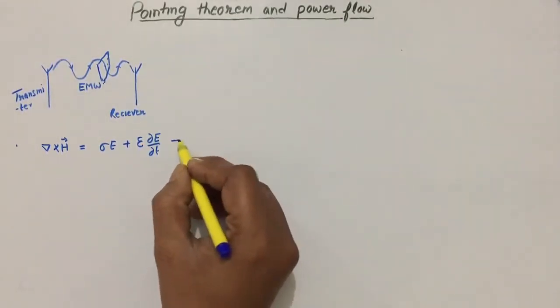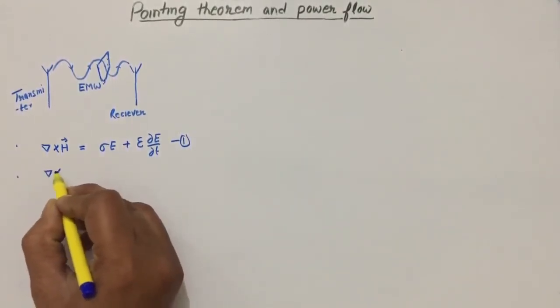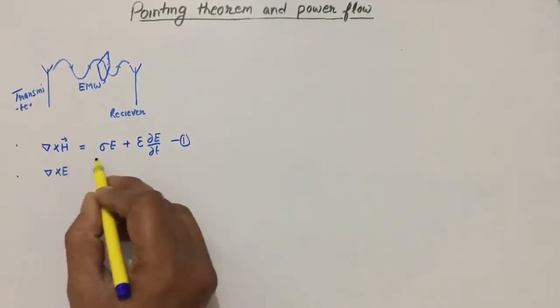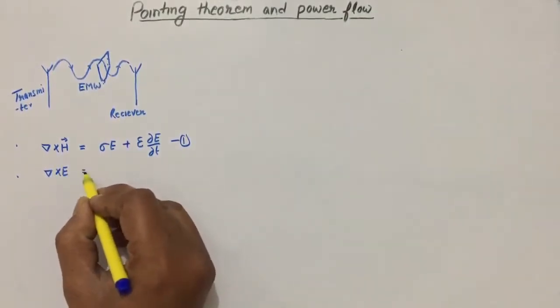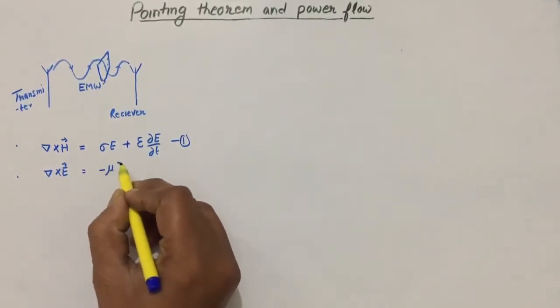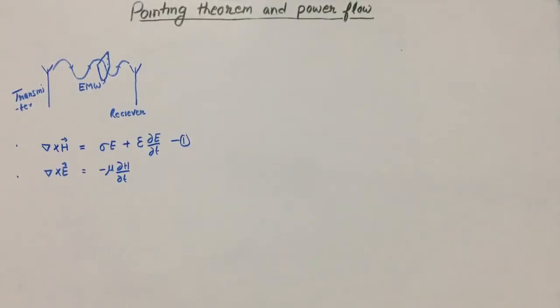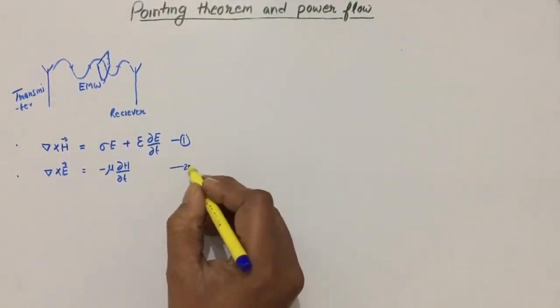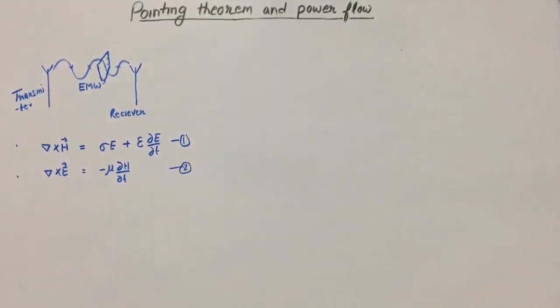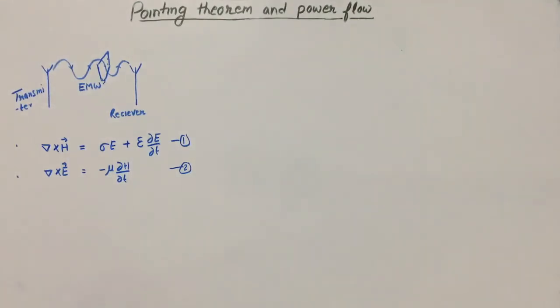The next equation, regarding the electric field component that relates E and H, is the curl of E equal to minus mu del H over del T, related to induction. This is the second equation. We know these two equations. Now let us apply some mathematics to find the power equation from these two equations.